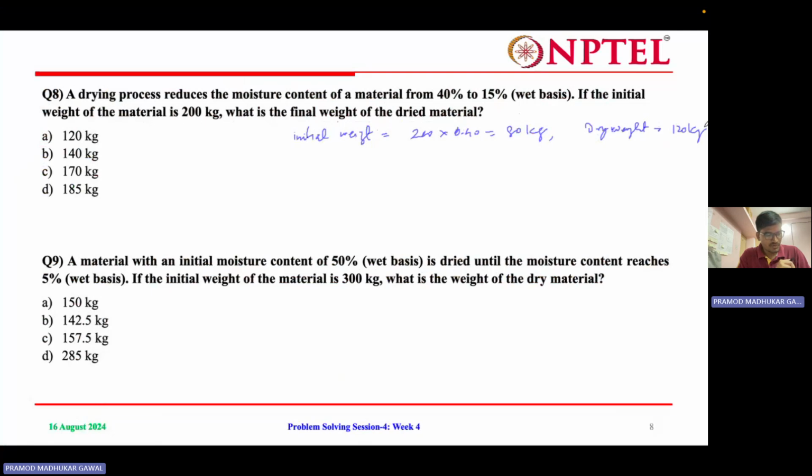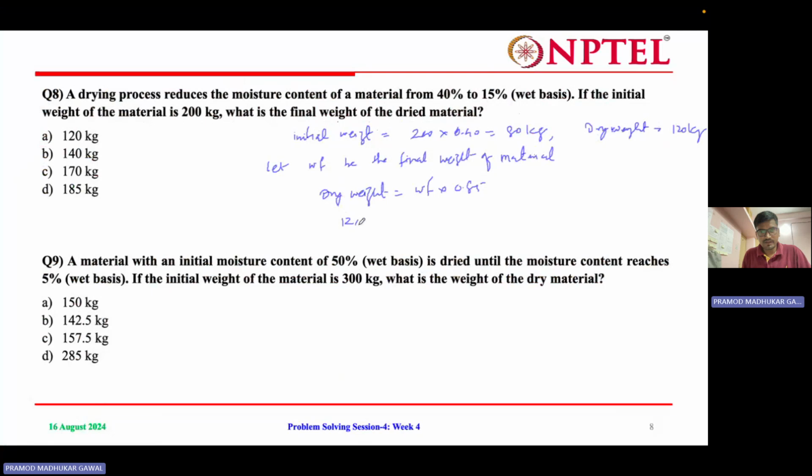Here the final moisture is 15%, so it means 85% is dry material. Let WF be the final weight of the material. So the dry weight is equal to WF times 0.85, because 0.15 is moisture, meaning water, so 0.85 is the fraction of dry material.